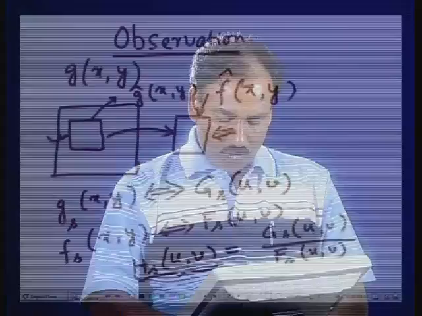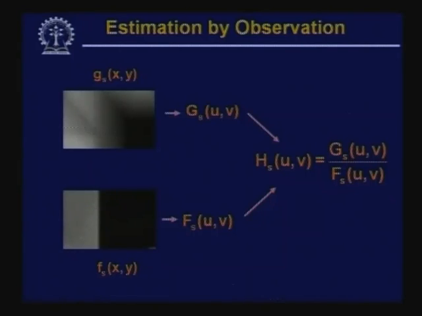Now, let us just look at an example. So, here we have shown a degraded image, which has been cut out from a bigger degraded image, and by observation we form an original image like this.